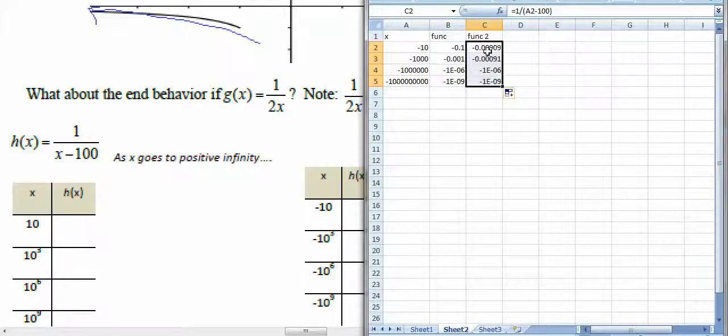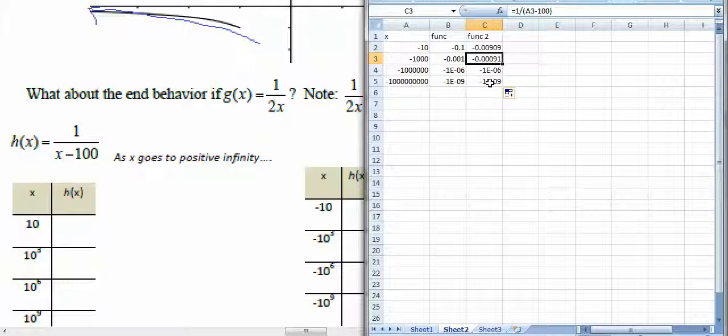Here's my point. This number, when I have x equals 1,000, is 0.001, but over here it's 0.0009, which if I round it off, could round up to 0.001. It's saying it's exactly the same. It is not actually exactly the same; the difference is just so small that it's insignificant.